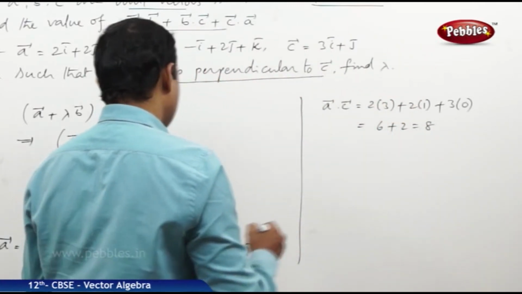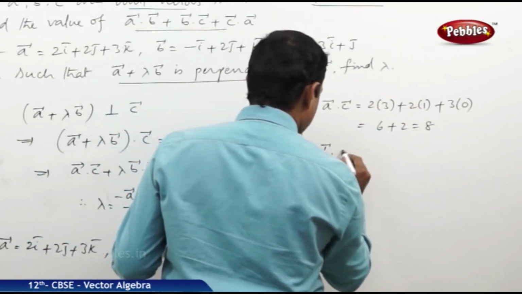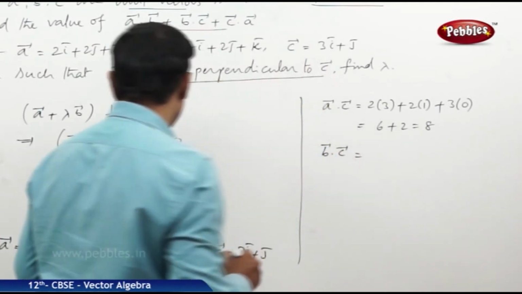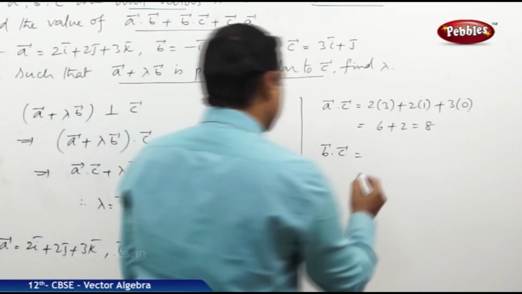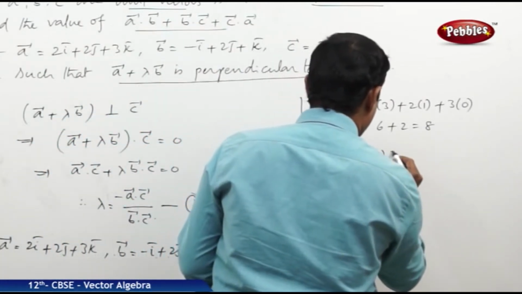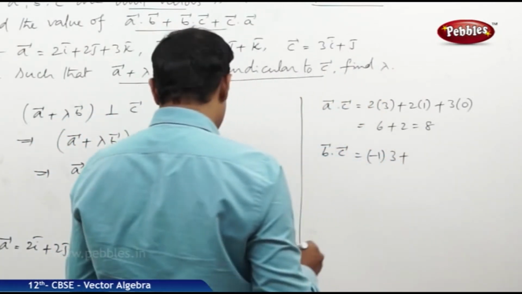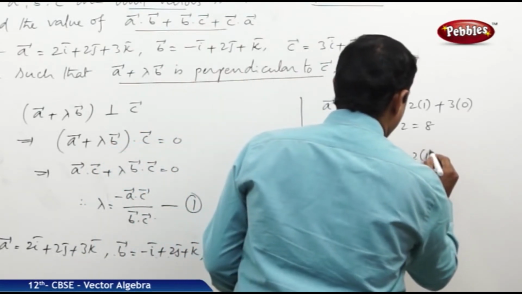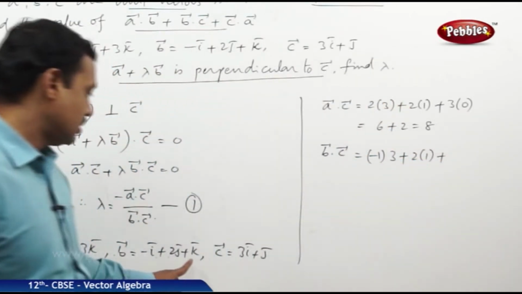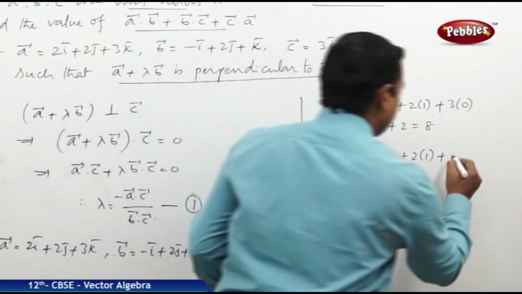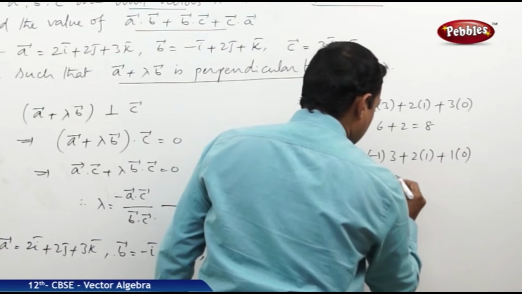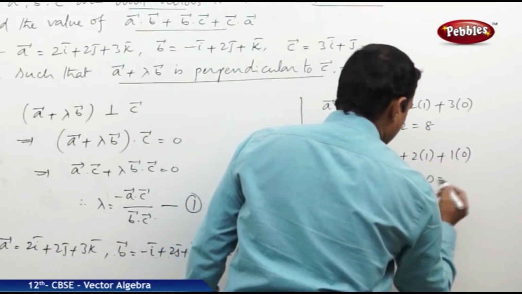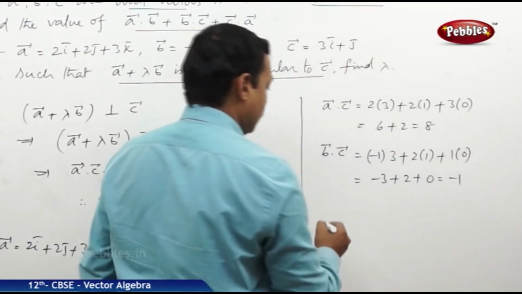In the same way, B dot C is equal to minus 1 into 3 plus 2 into 1 plus 1 into again 0. This is minus 3 plus 2 plus 0, which is minus 1.